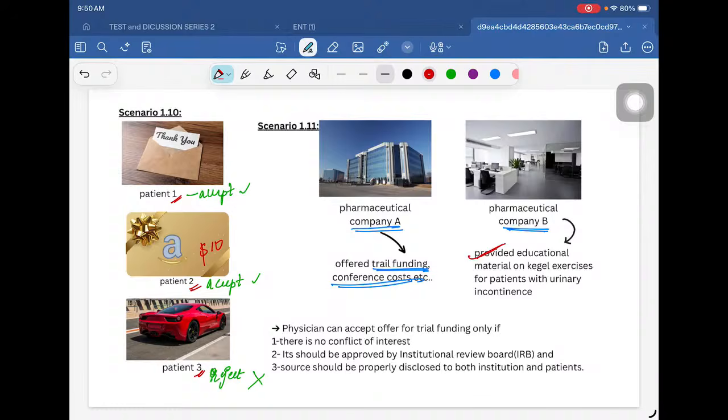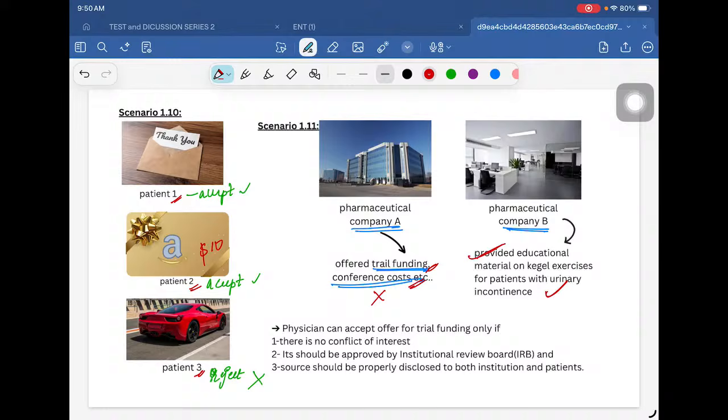Even though company A is offering funding and conferences, you don't take that much benefit. So you don't accept company A's offer, but B's offer will help your patients, so you can accept it.